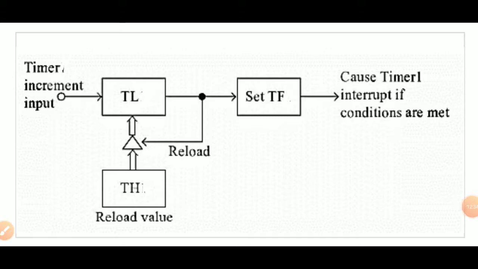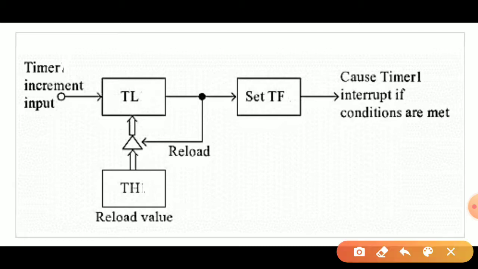This is the mode 2 operation of the timer, wherein this mode is called the 8-bit auto reload mode of timer, wherein only the 8-bit register TL is used for the time pulse counting process.